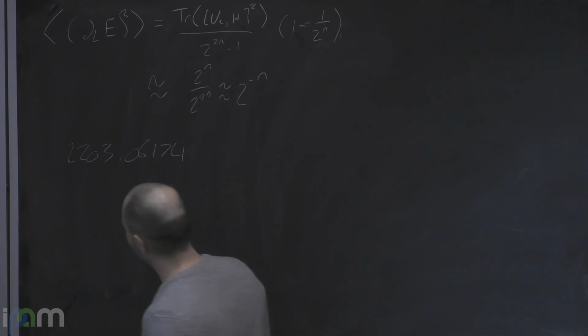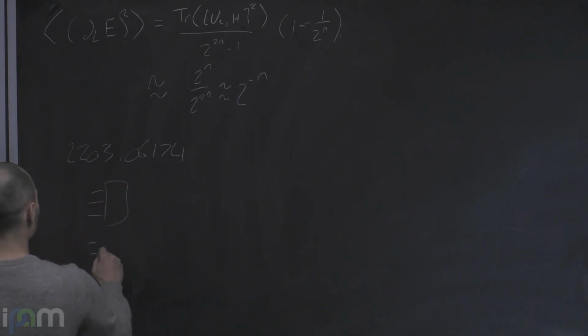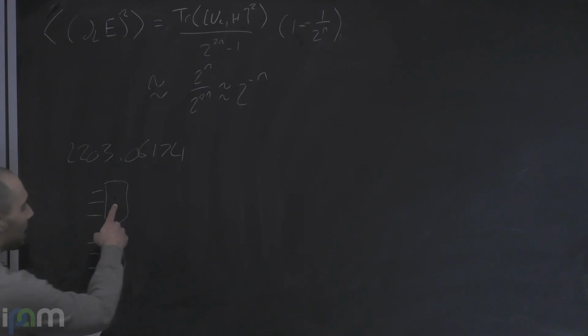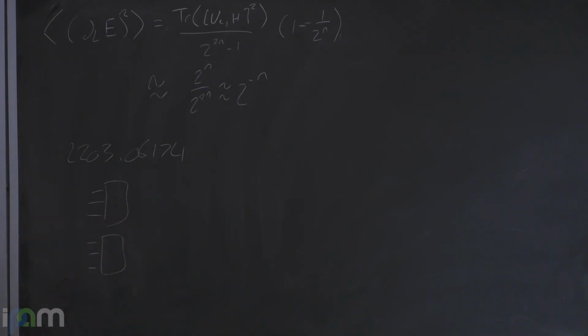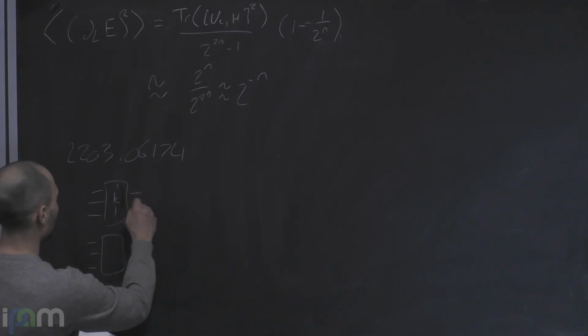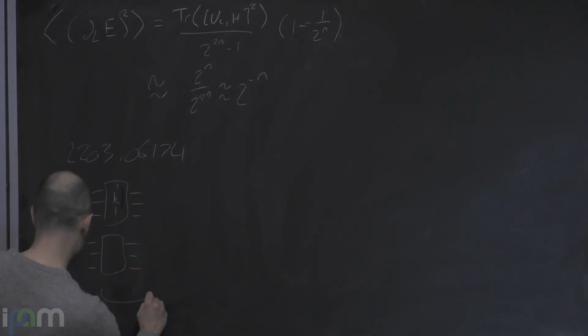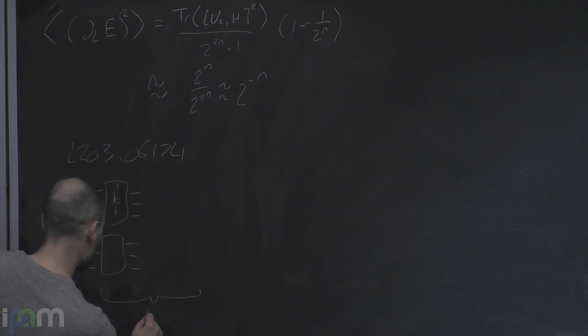3.0614. If you have some gates, so this is a k-local gate, so you at most allow interactions between k qubits. This size is k, and then you have some gate that goes on and so forth, and it's d layers.